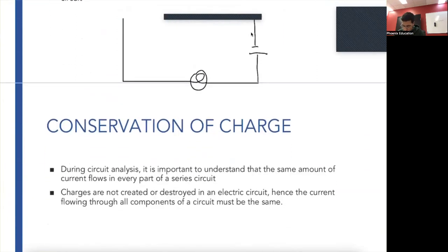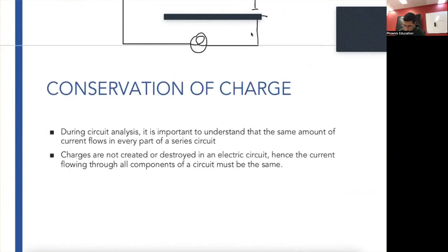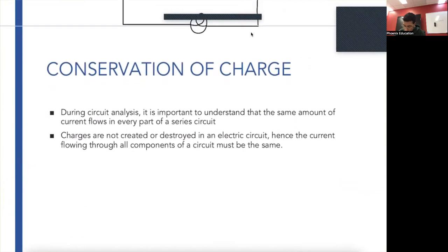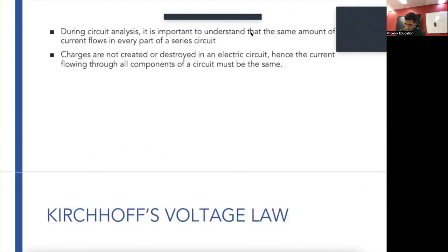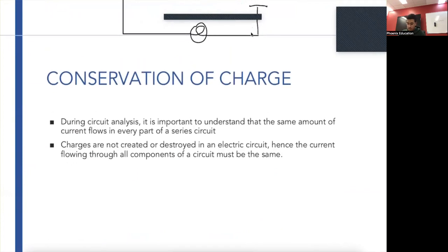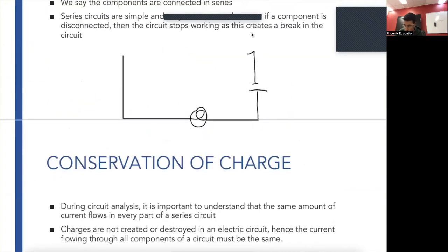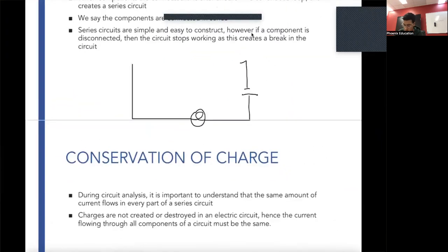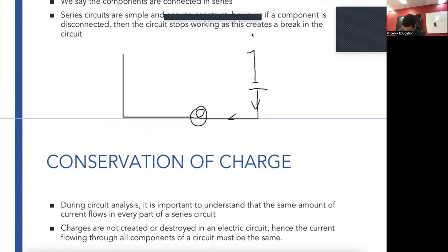So we're going to look into another concept right now, conservation of charge. What this states is that no charge is actually lost in a circuit. If you have a charge or current flowing through this wire, no charge will be lost throughout this wire.